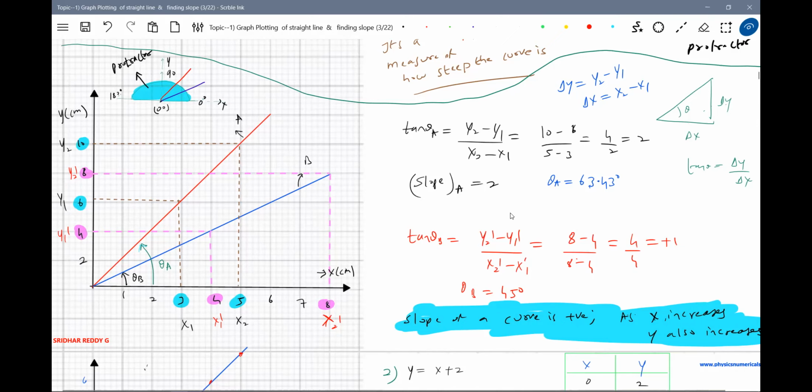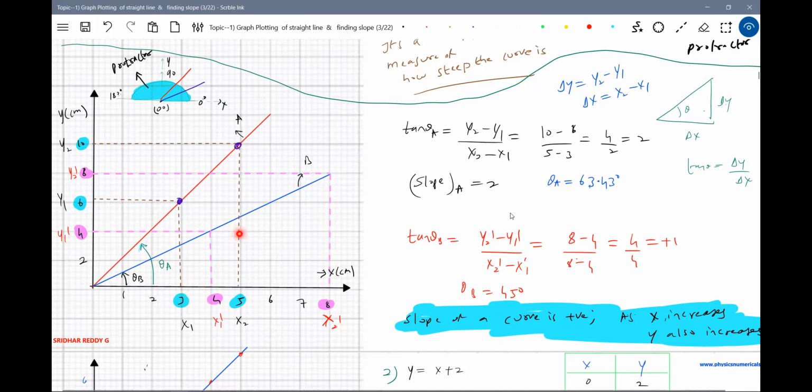Okay, from using geometry or from the diagram, can we calculate here only in the graph paper? Yes. On the straight line A, I locate 2 points. Any 2 points you can pick up. Corresponding to this point, what is the value of x? x1 is 3.